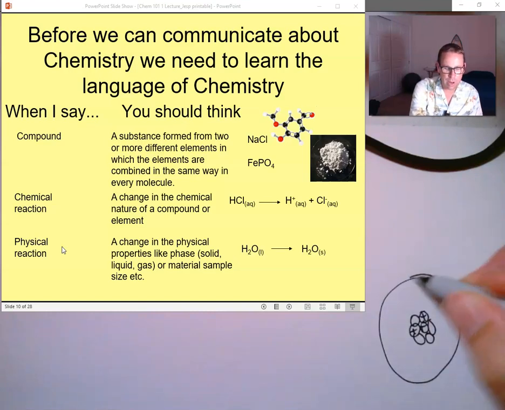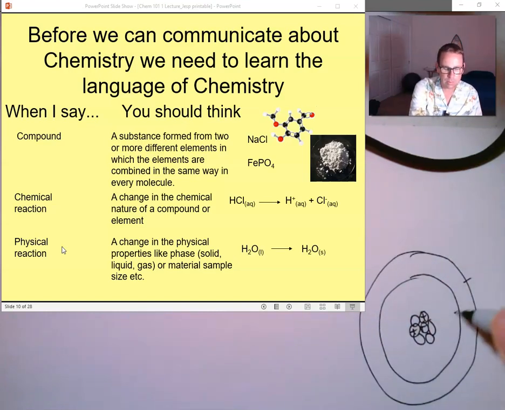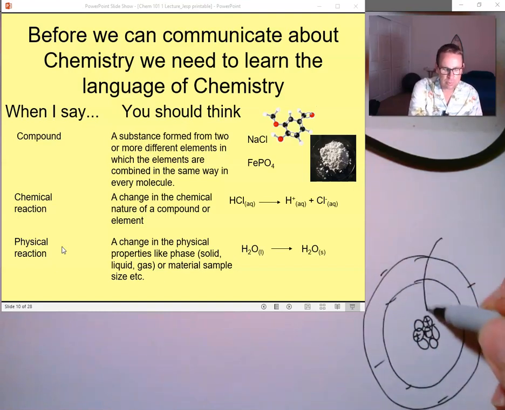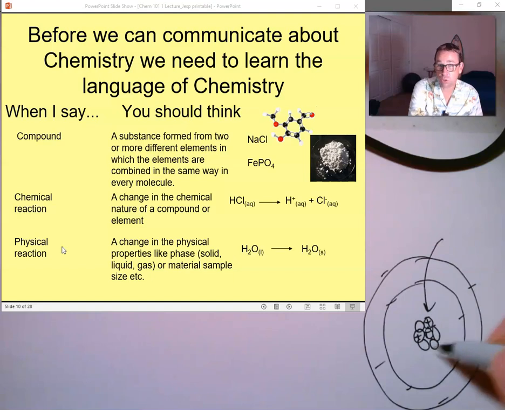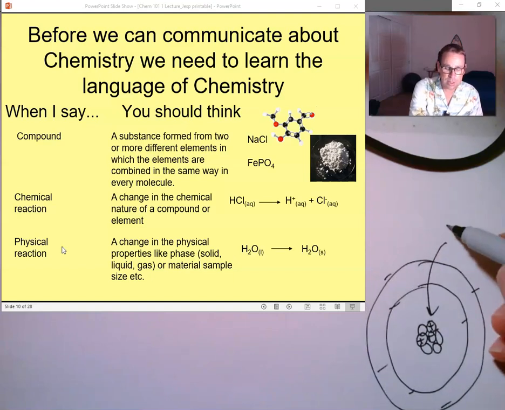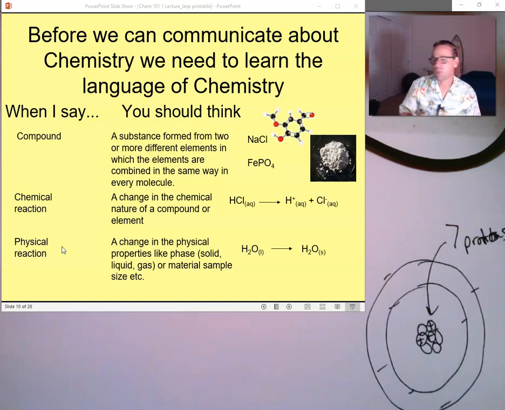And what is surrounding it on the outside? Very good. And let's say that in this nucleus there's 7 protons, all right?